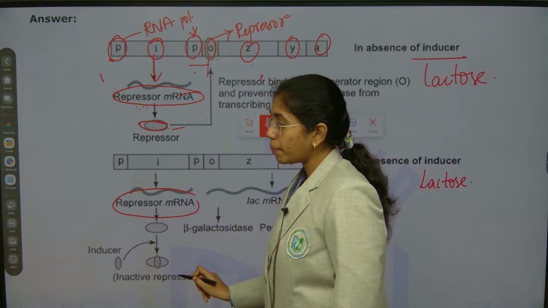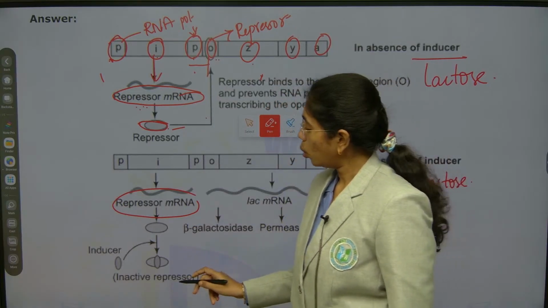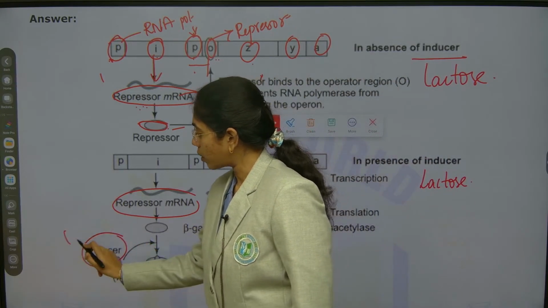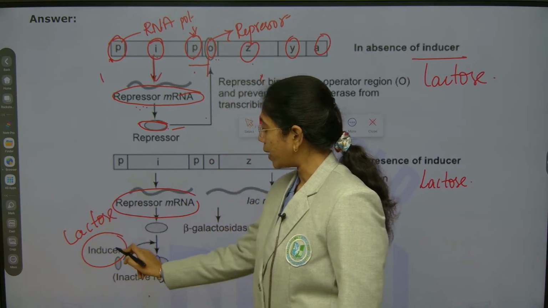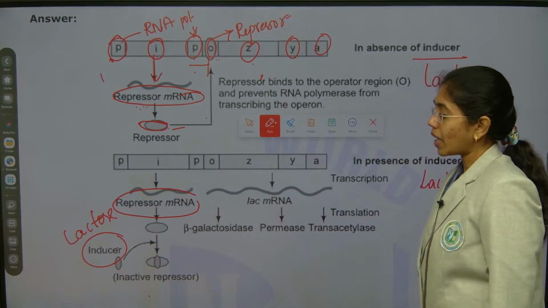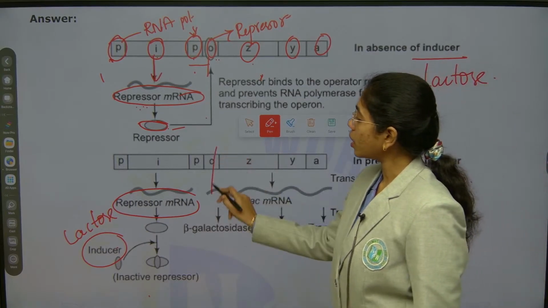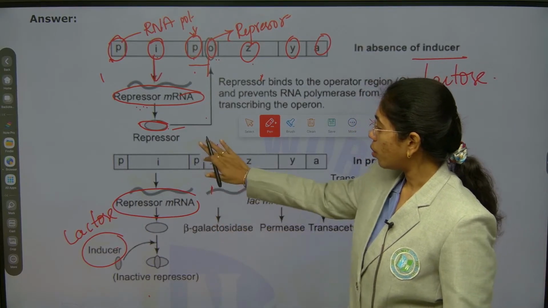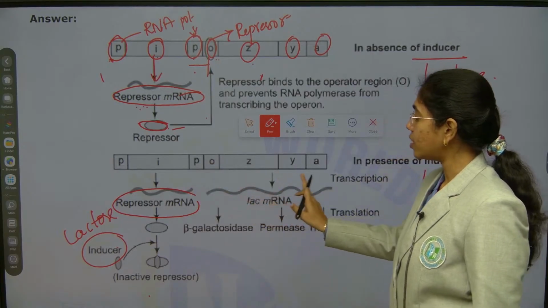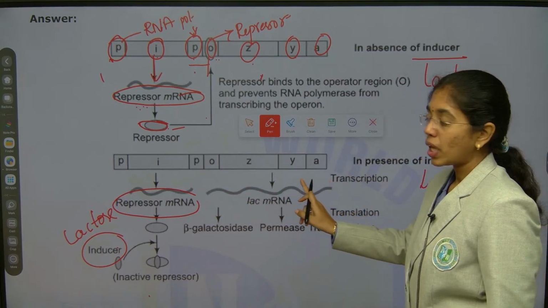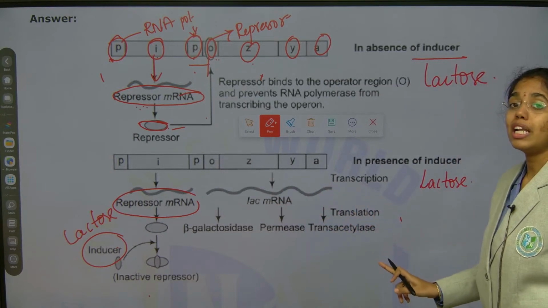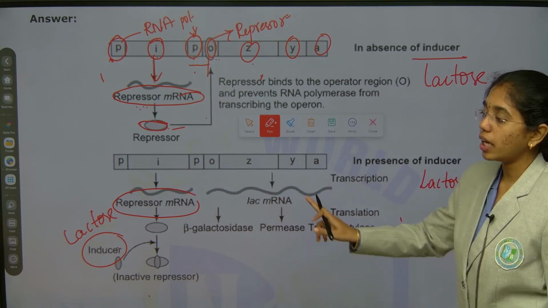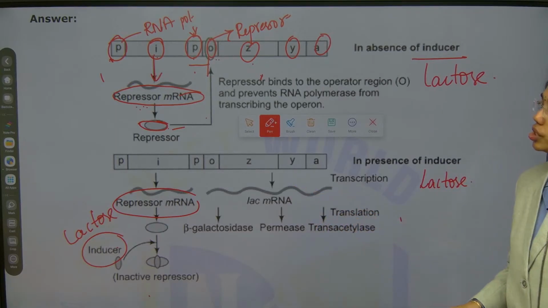This repressor will be bound to the inducer, that is lactose. As such, the operator region is not blocked, so the structural genes will exhibit their functions and they will give out polycistronic expression, as here we have 3 different structural genes.